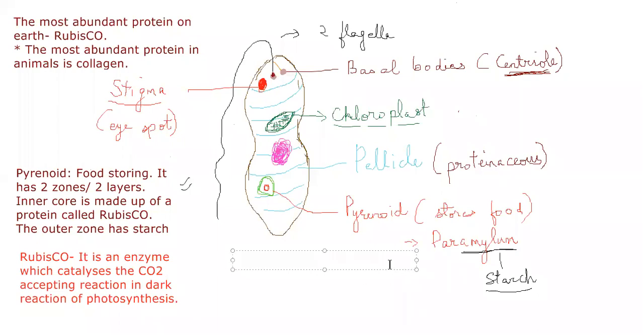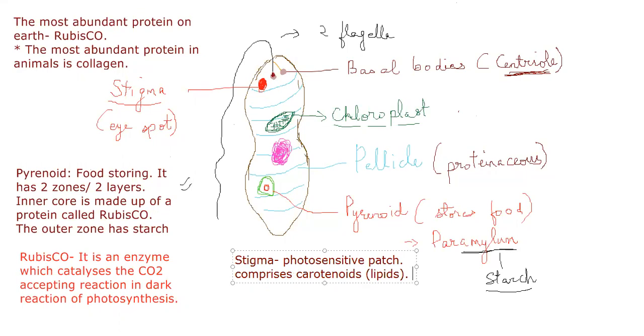Stigma is a photosensitive patch. It comprises carotenoids, a kind of lipids, fatty substances, so they also play a role in photosynthesis.